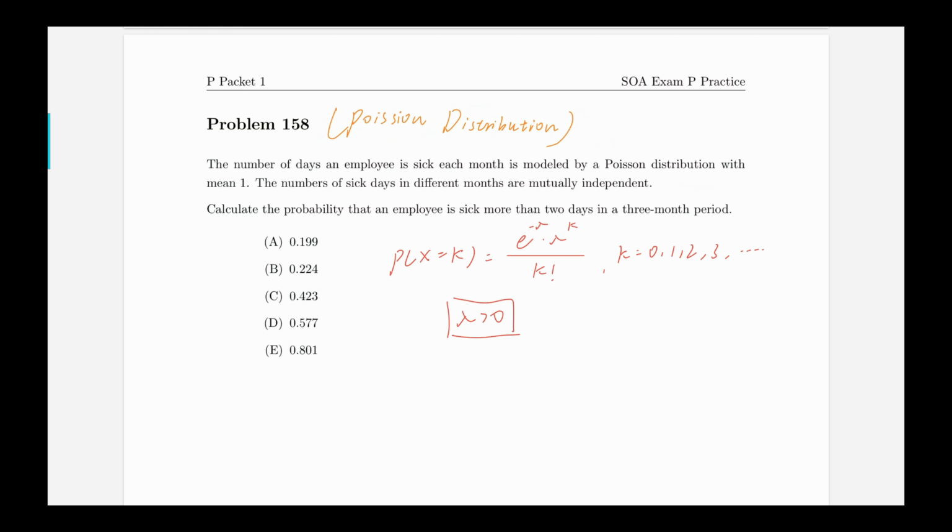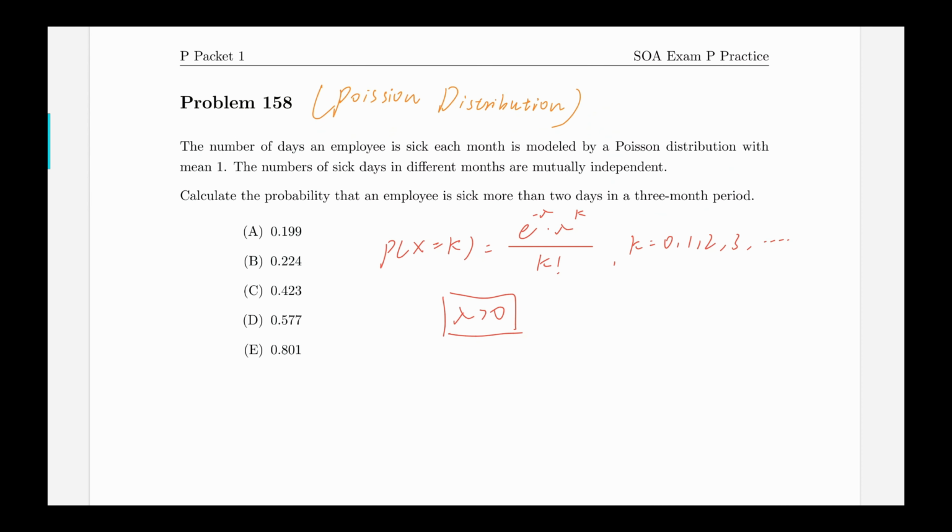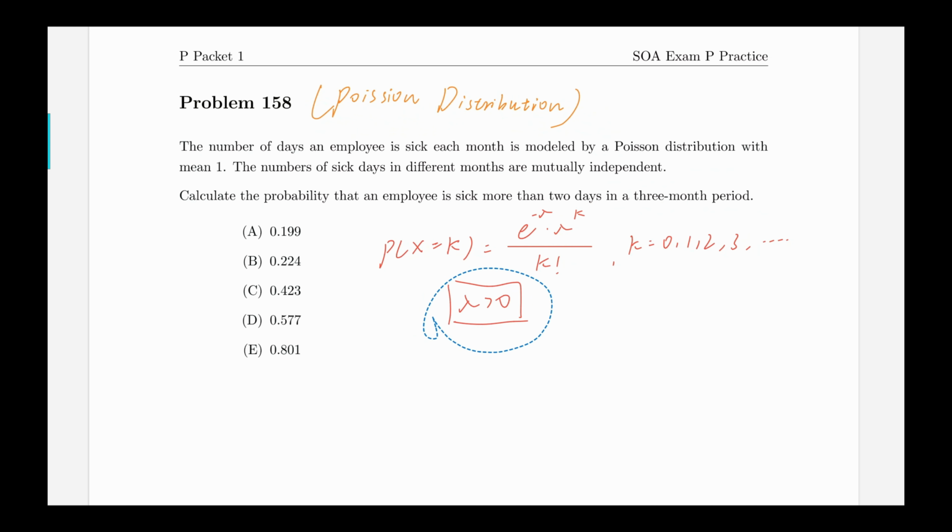Since I'm talking about Poisson distribution, let's also cover its properties. This can be proved. I think the proving is not part of the exam, but if you spend some time and do some proof, you will find a surprising property about Poisson: the expectation equals its variance, and they both equal rho.